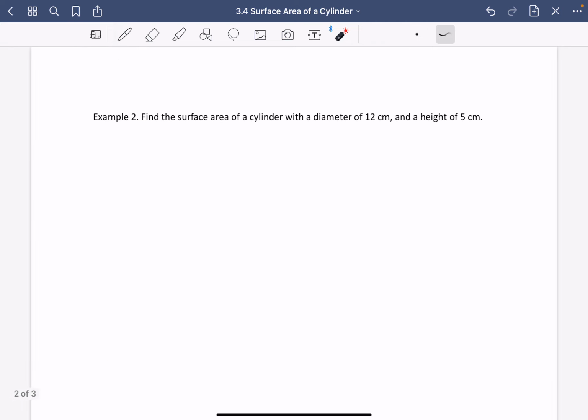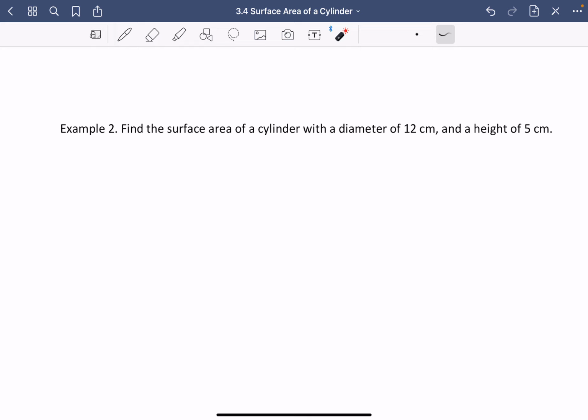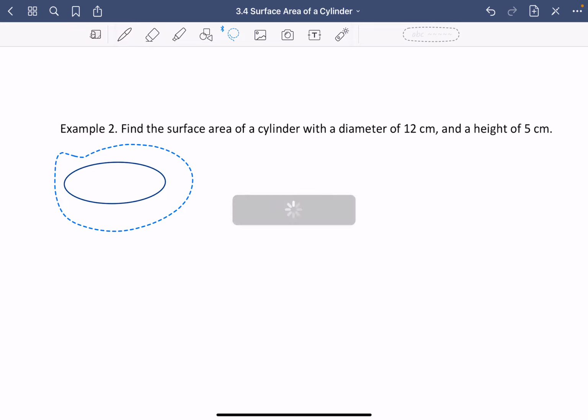Next question. Find the surface area of a cylinder with diameter 12 centimeters and height of 5 centimeters. Okay, so let's draw the cylinder. So I'm going to copy that.